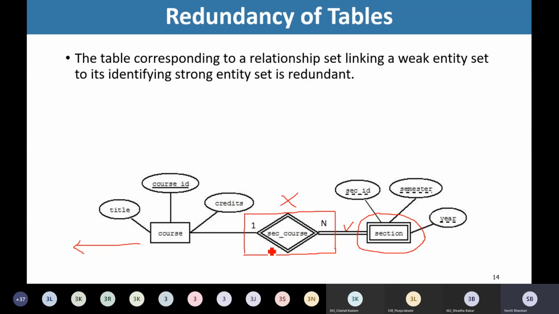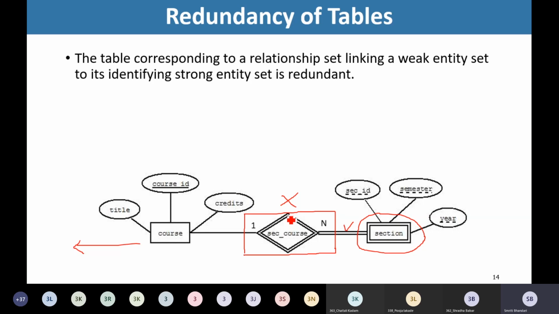So in this relationship set table, I need to have course ID and the partial key, section ID, semester, year. But the same attributes are actually present in the table of this weak entity set.